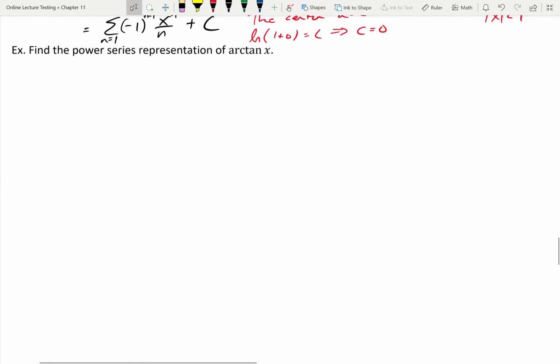So let's look at arctangent real quick. Find the power series representation of arctangent.